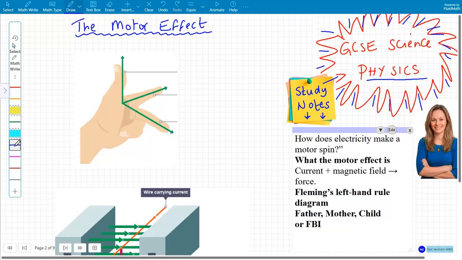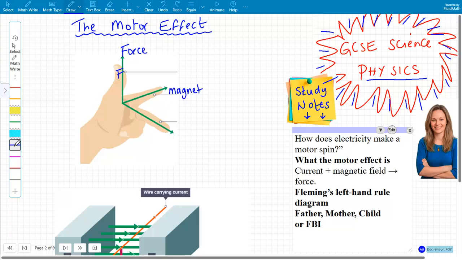So your thumb represents the direction. If it's pointing upwards, that means the force is also going to be in that direction. So the thumb would be F for force. Your index finger is pointing, almost like, away from you. So that represents the magnetic flux density, so the strength of the magnet.